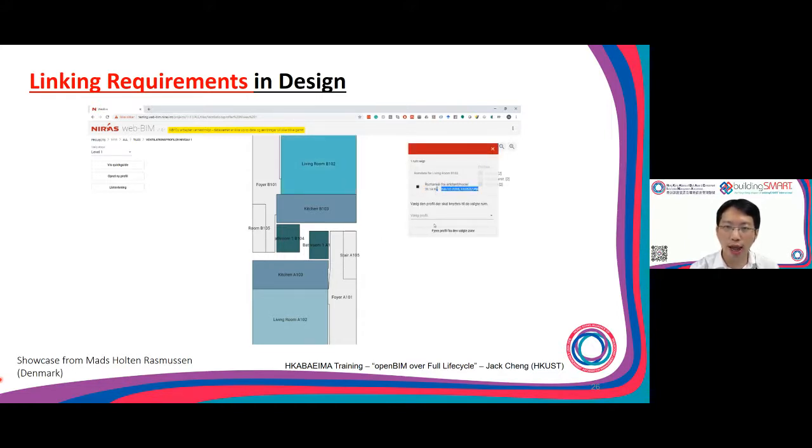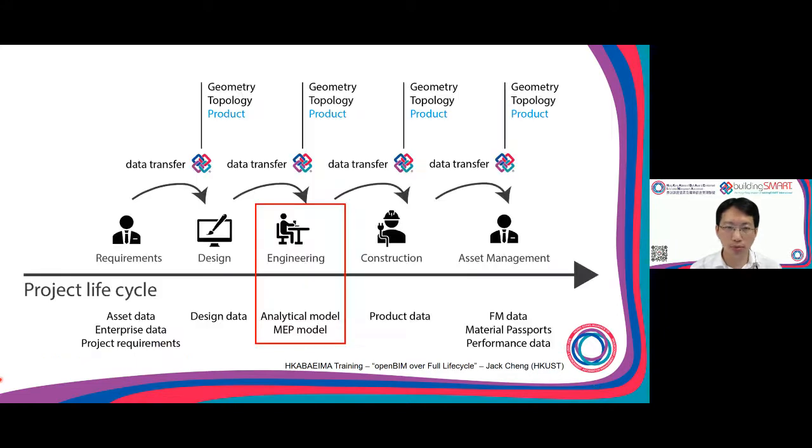With that, they can assign the room profile, and all this is a web platform, and all this was actually done in openBIM. So this is one example about the requirement, and then embedding this into design.